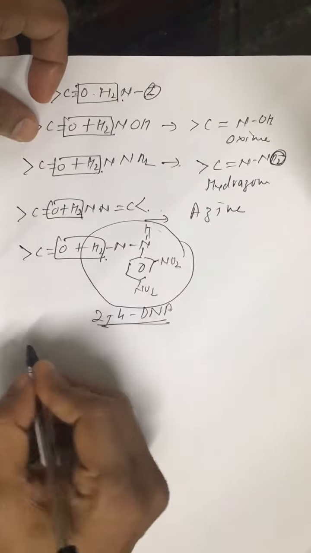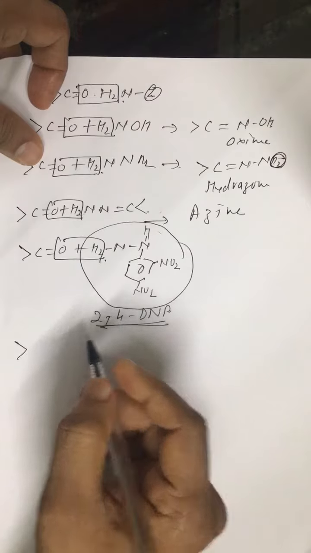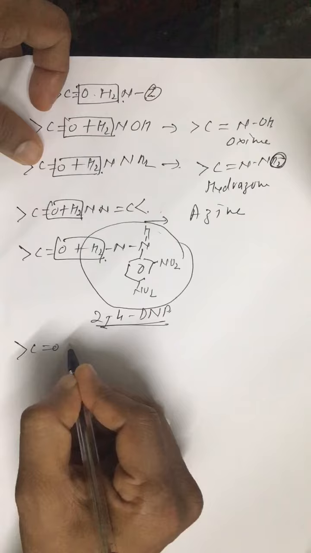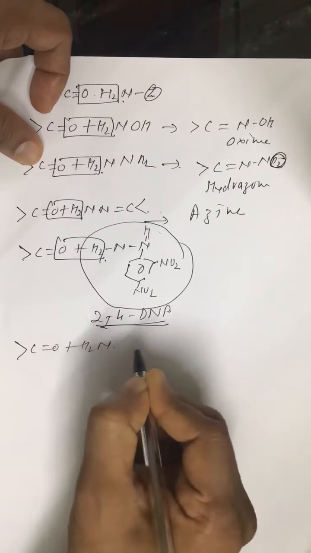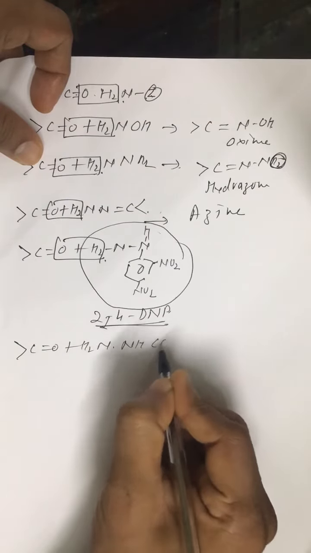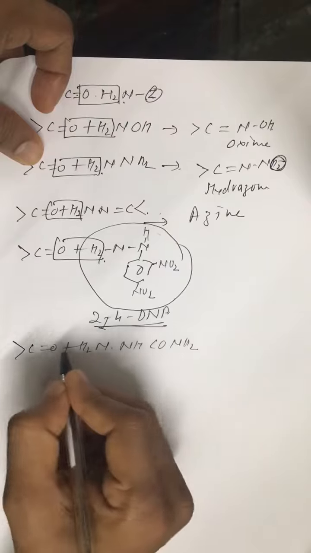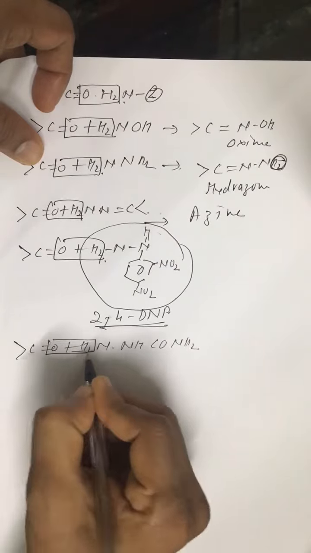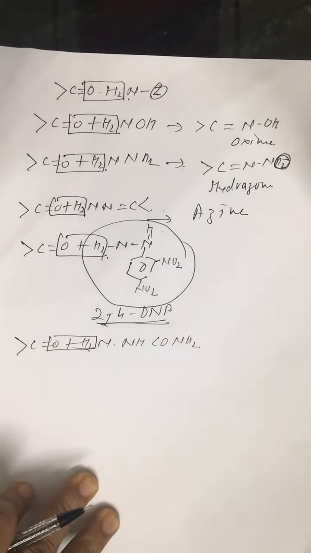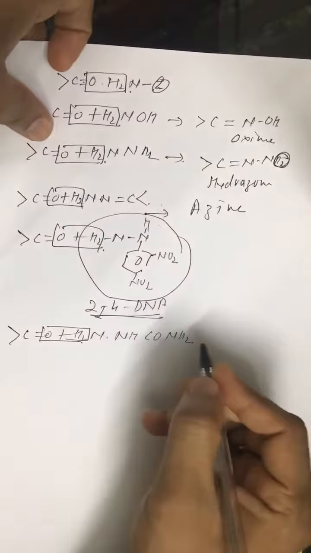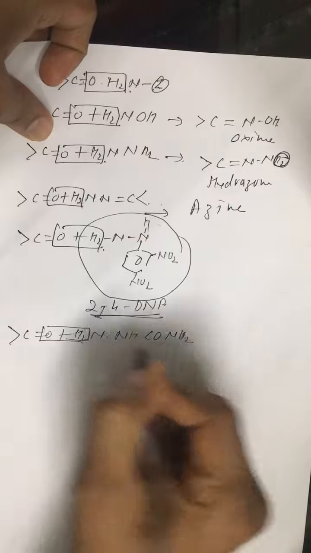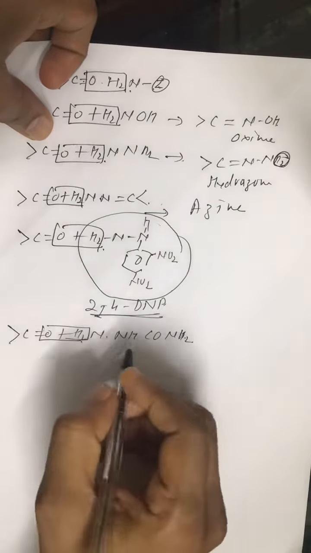And after phenylhydrazine we have H2N NHCO NH2, semicarbazide, and the product obtained is semicarbazone.